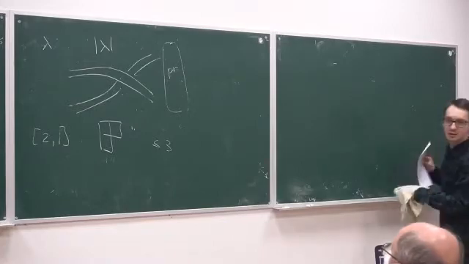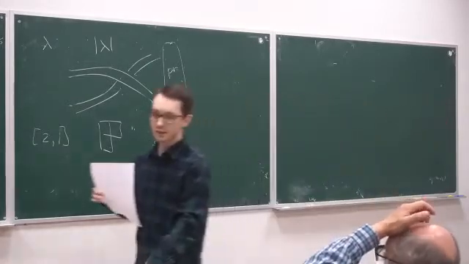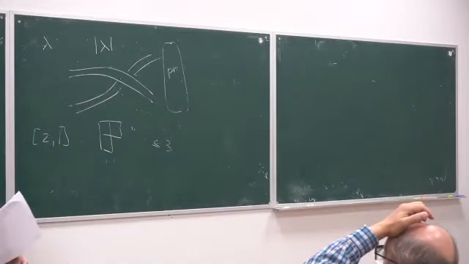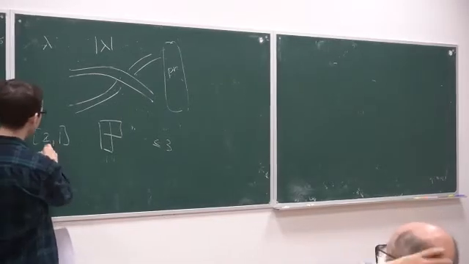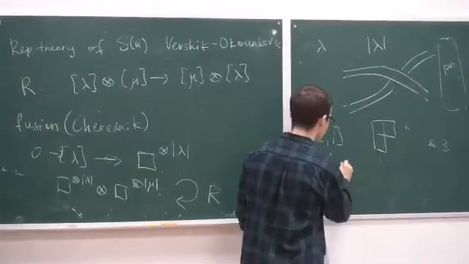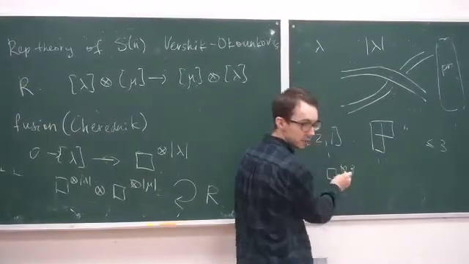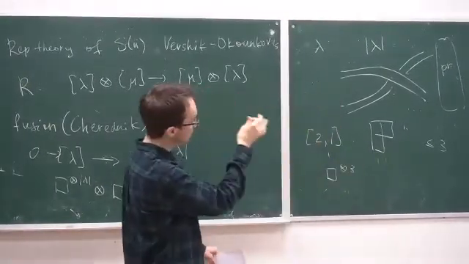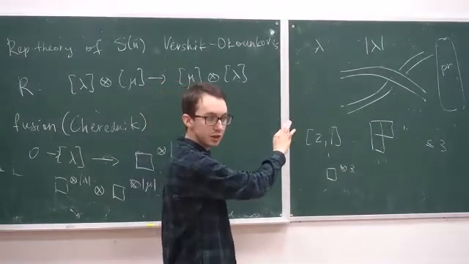Any questions? So suppose we want to compute in the representation [2,1]. This is embedded in the box 3 by 3, so we replace each strand in our knot by 3 strands.